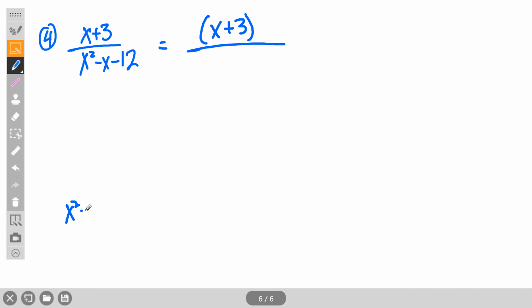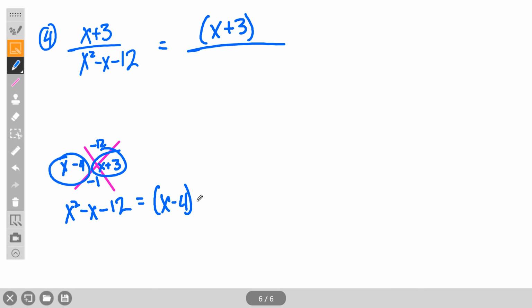However, x squared minus x minus 12, that does factor, because it's a trinomial. So in the top we have negative 12, and in the bottom we have negative 1. Two numbers that multiply to negative 12 and add to negative 1 would be negative 4 and positive 3. Put an x in front of those and we have our factors. So x minus 4 and x plus 3.